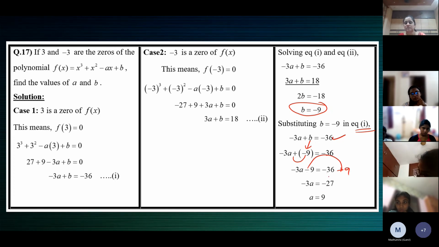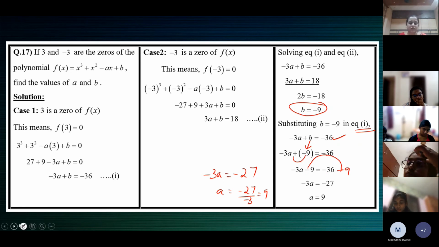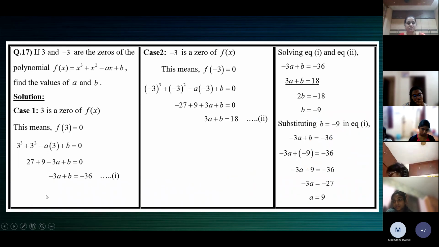Yes, ma'am. So minus 36 plus 9 is minus 27. So minus 3a is equal to minus 27. So a is equal to minus 27 by minus 3, which is 9. Correct? Yes, ma'am. So like this, we find the value of a. Thank you, ma'am. Yeah, good.